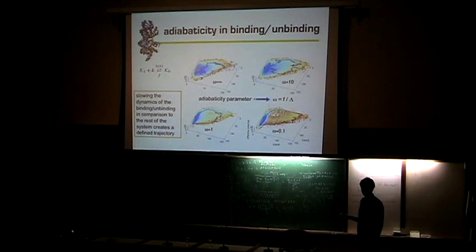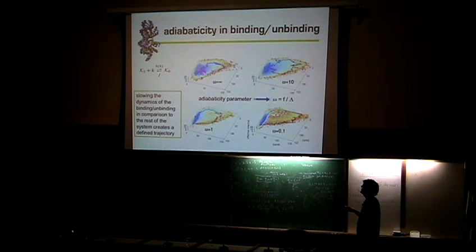Here are the same energy landscapes and the same effective potentials. This is what happens when the binding is really fast, until it slows down. This is when it happens really slowly.